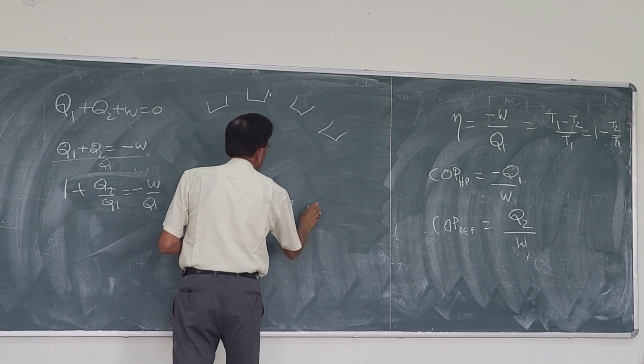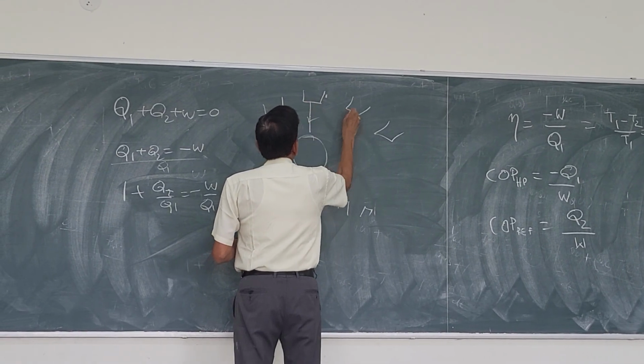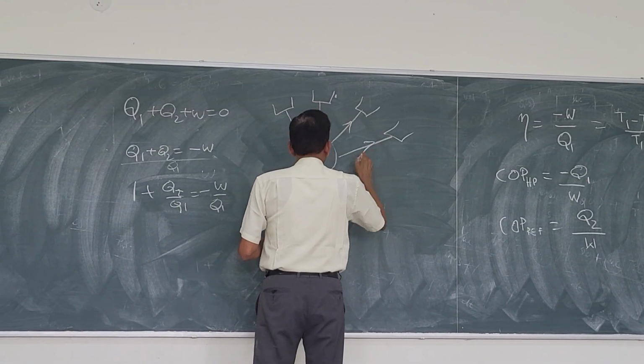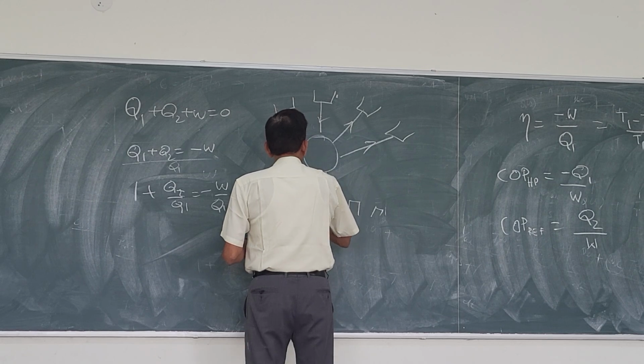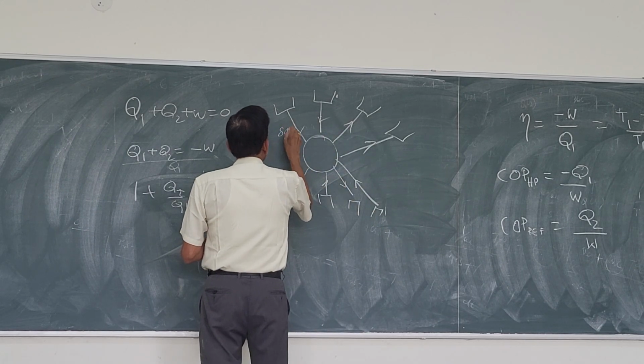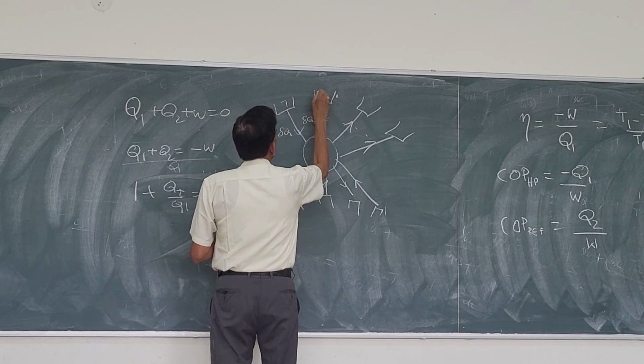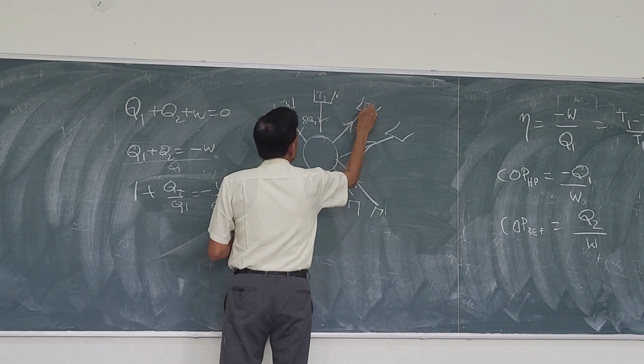This engine gets heat from so many sources and rejects heat to so many sinks. So each of them, let me say I am taking delta Q1, delta Q2, Q3.